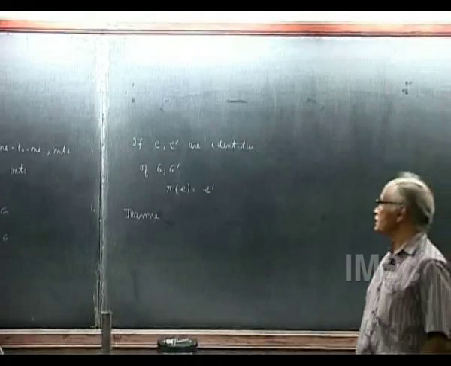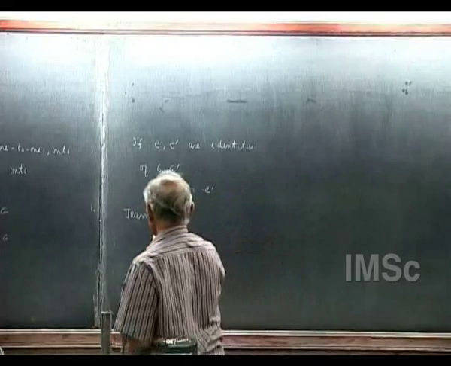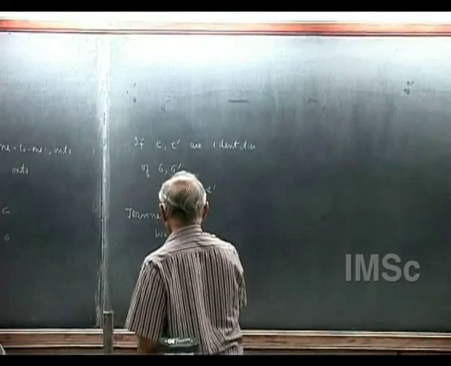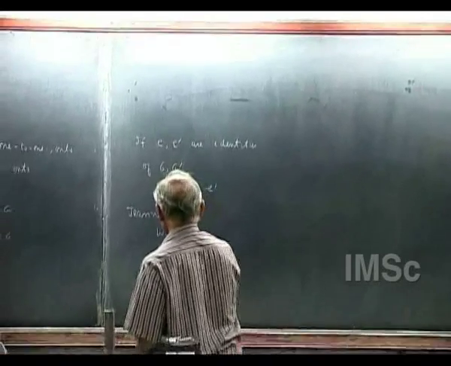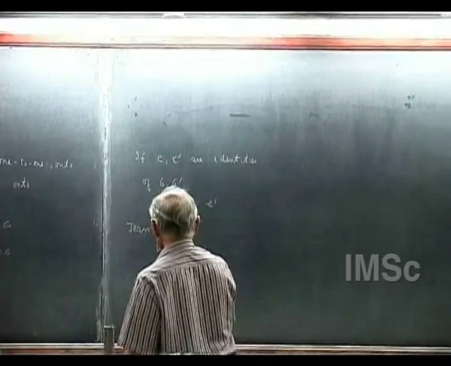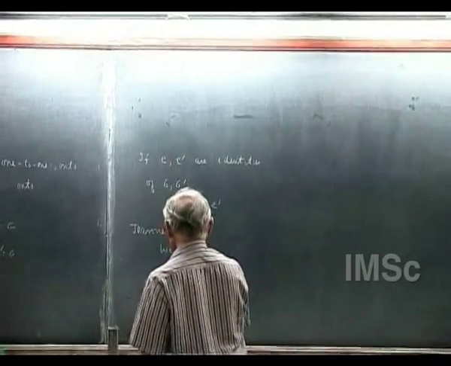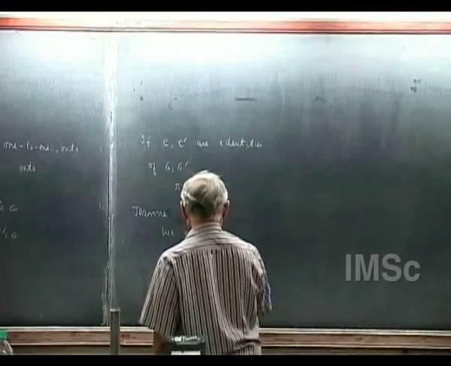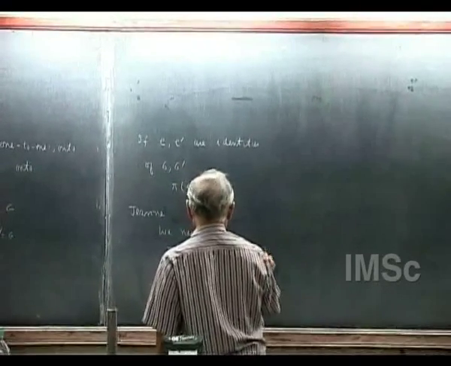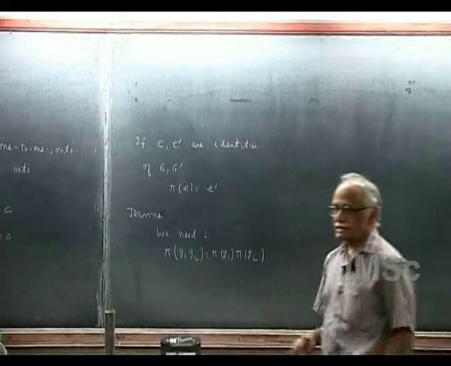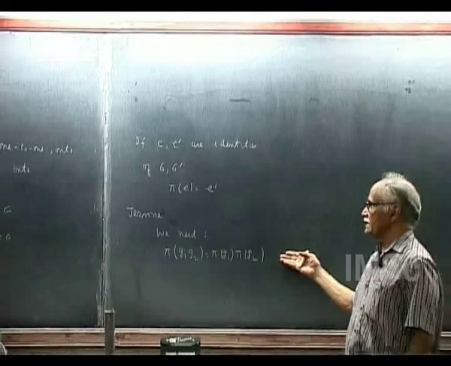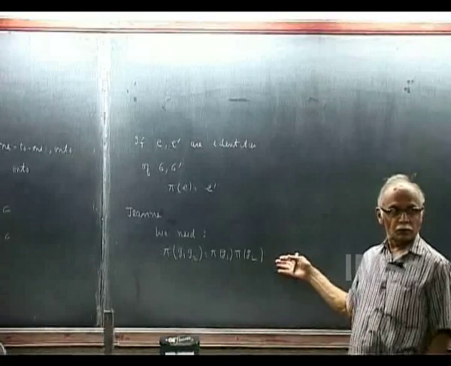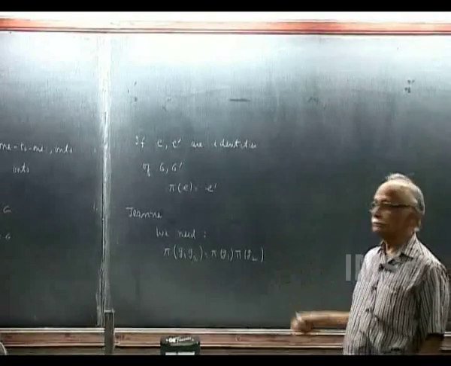The only thing you need is the following. One, pi is an automorphism: pi of G1 G2 is pi of G1 pi of G2. This is because pi is either an isomorphism or a homomorphism, so the group properties are respected by the map pi.